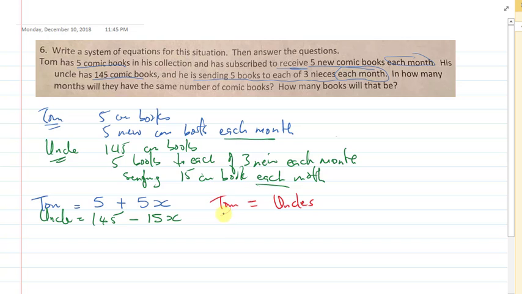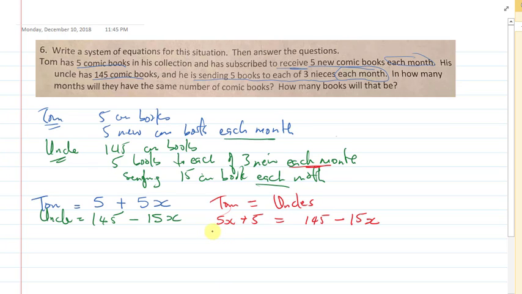So let's put the equation for Tom on one side and the equation for his uncle on the other side, and that would be 5x plus 5 is equal to 145 minus 15x. You notice we have only one unknown, which is the month. That's the major point there.